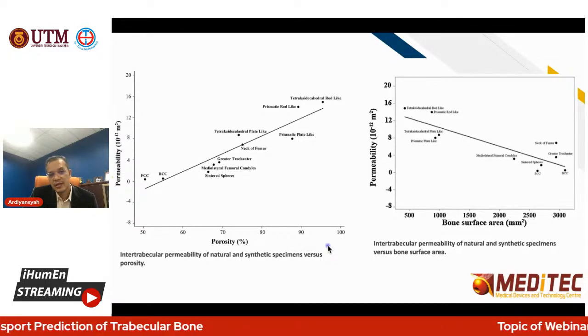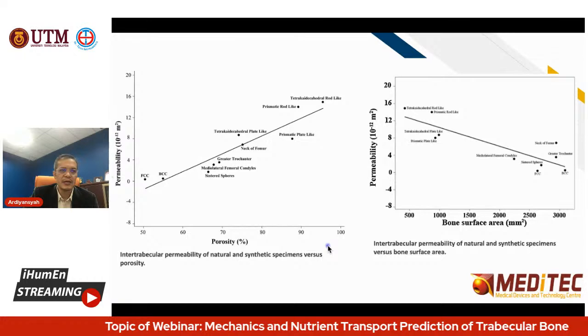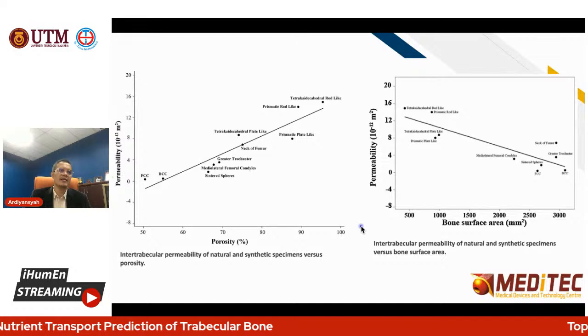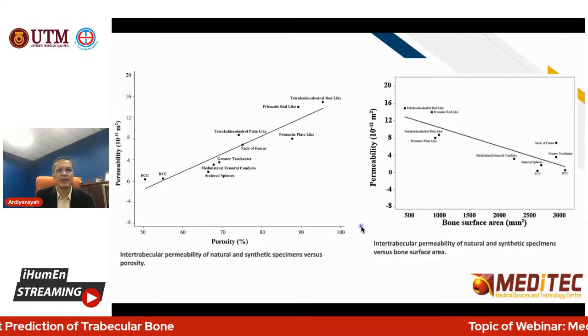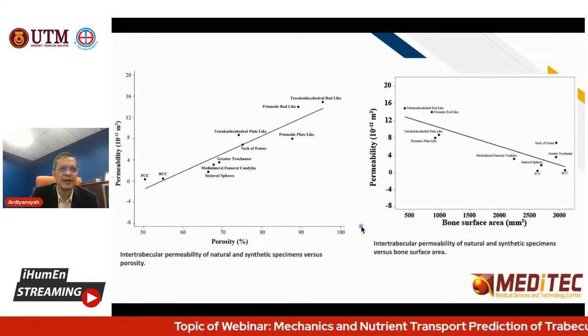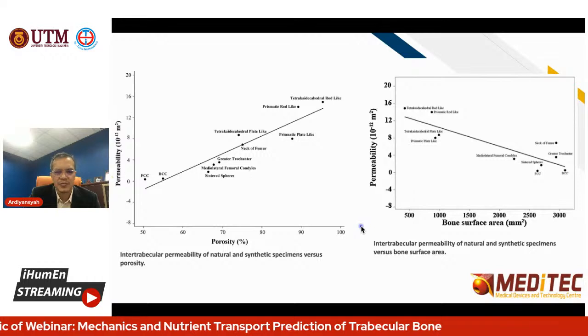The porosity we can calculate without MicroCT, using a conventional method, but the bone surface area we can't. We need to scan the sample, reconstruct and analyze it to count the bone surface area. That will affect the permeability of the cancellous bone.